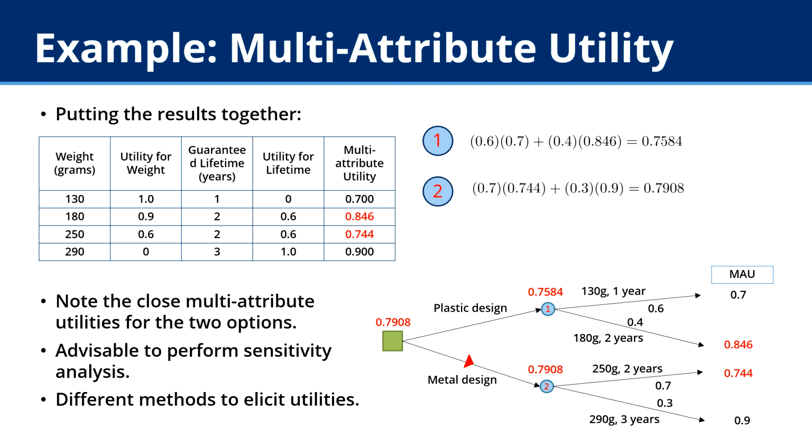You may also think about using a different method to elicit the utility values themselves. This was mentioned previously as well. Studies have shown the method and process by which you elicit the utility values could have a significant effect. So maybe there are better ways to do the eliciting utilities process so that you get a better result.